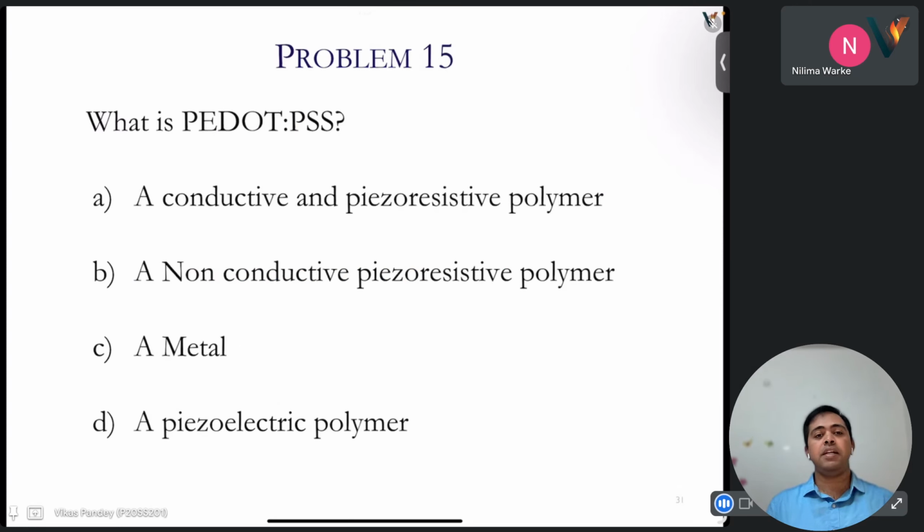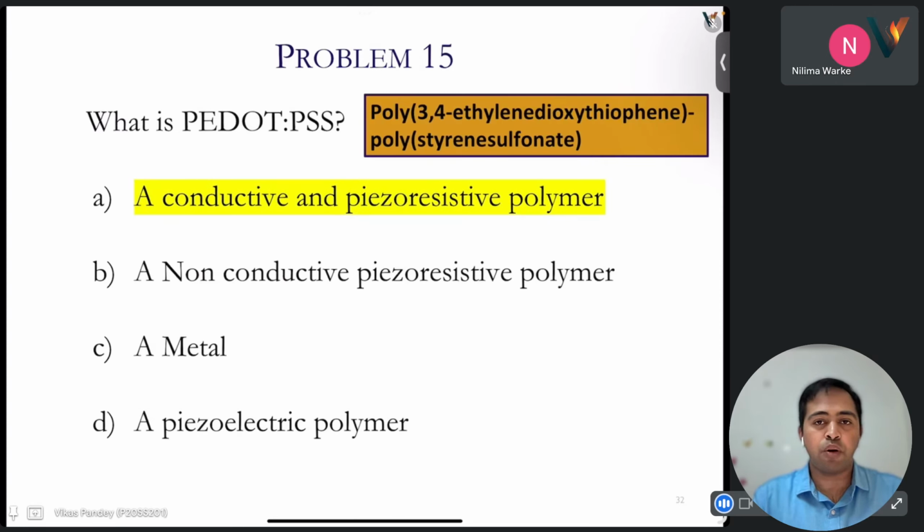What is PEDOT:PSS? You have heard this name, right? Its full form is poly(3,4-ethylenedioxythiophene) polystyrene sulfonate.